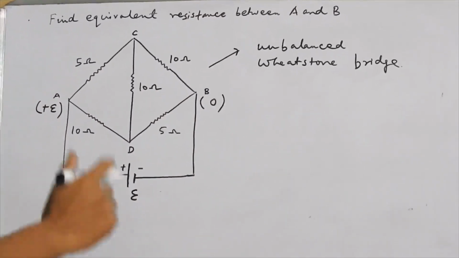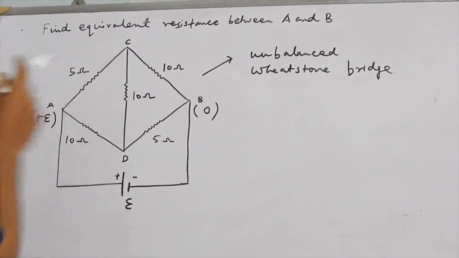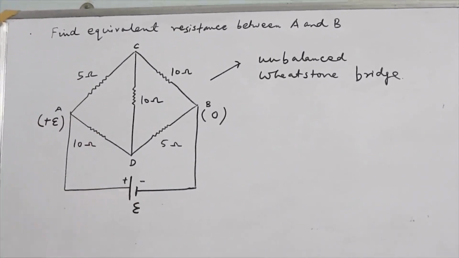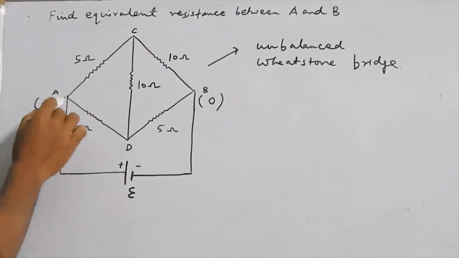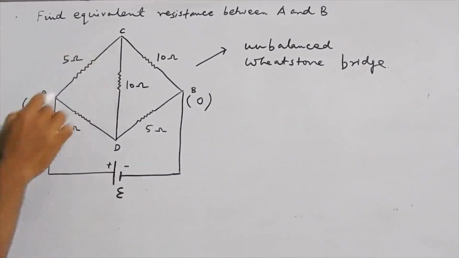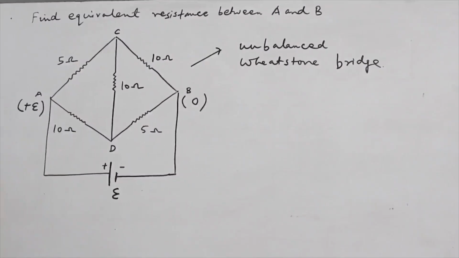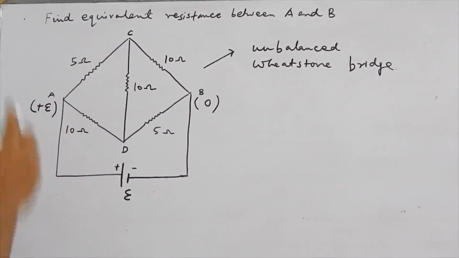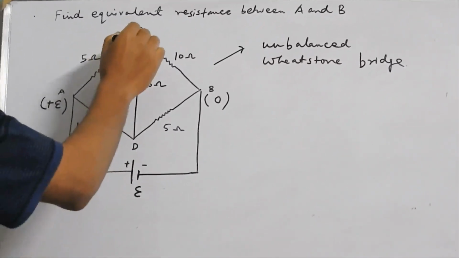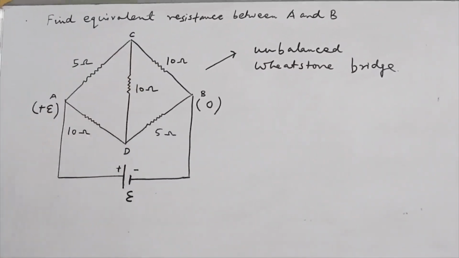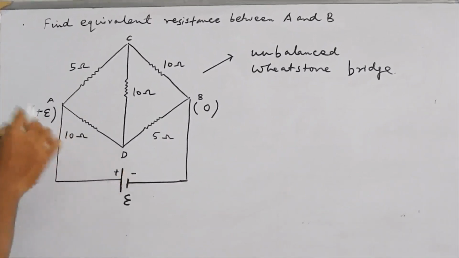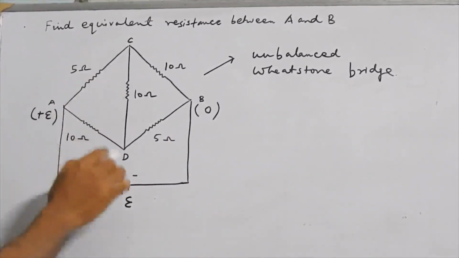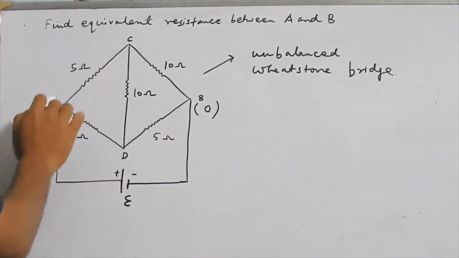Now, the current that flows from the battery in this direction will branch along AC and AD. Because current which flows along AC means that C cannot be at this potential, D also cannot be at this potential, because the current is flowing. And when current flows, we know that current flows from higher to lower potential.